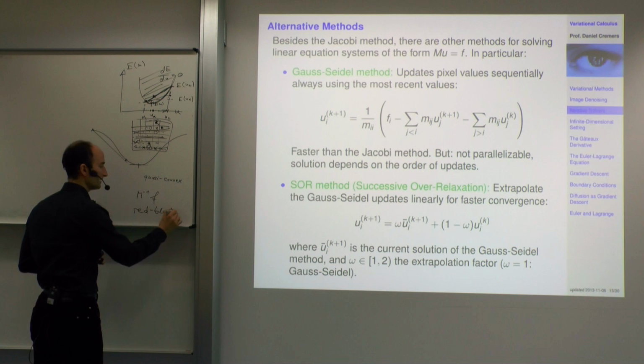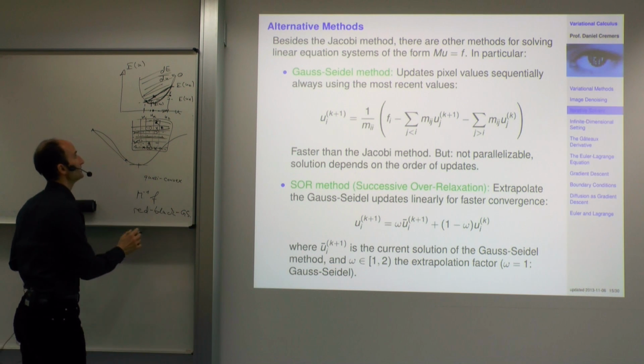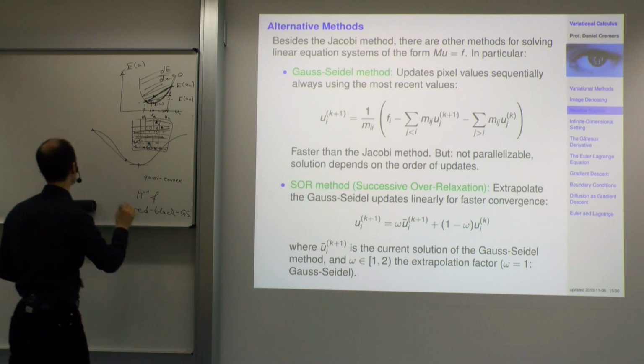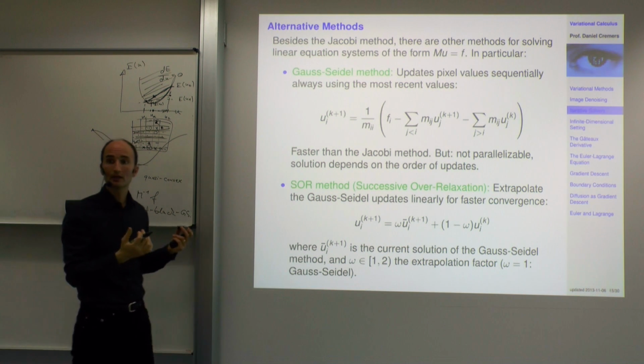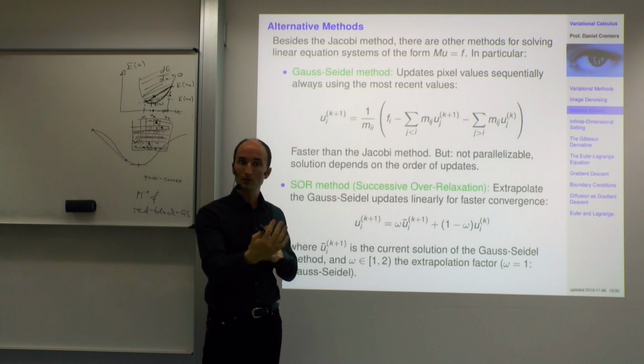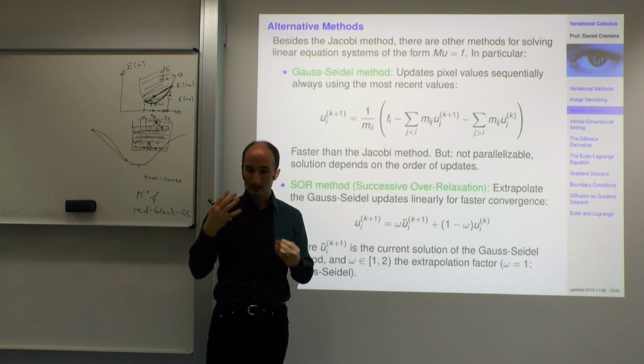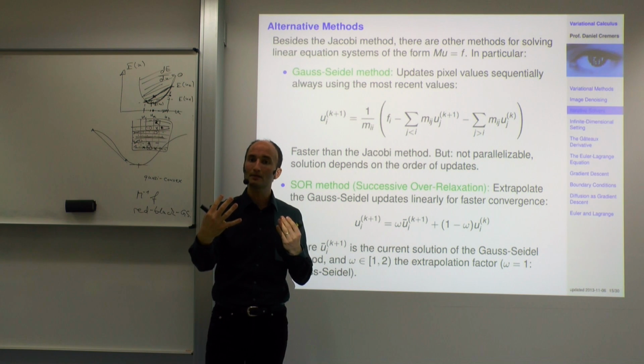I think it's called red-black Gauss-Seidel. It basically means that I split the grid like a checkerboard, and I update the black pixels in one sweep and the white pixels in another. And that I can do in parallel. So I can update all the black pixels at the same time.